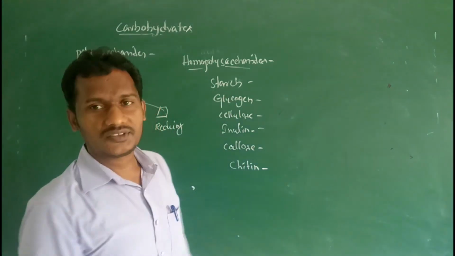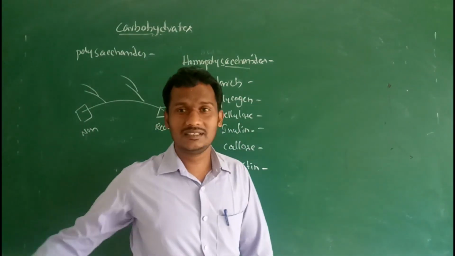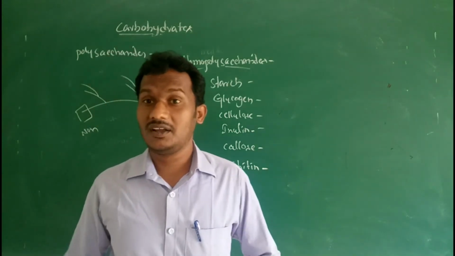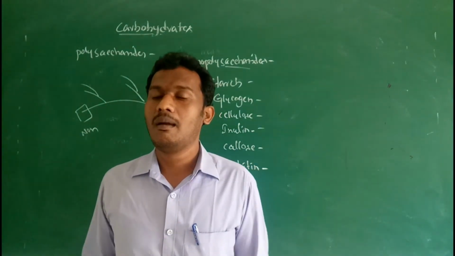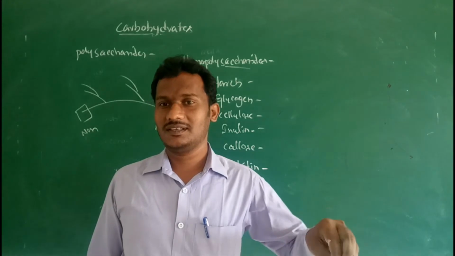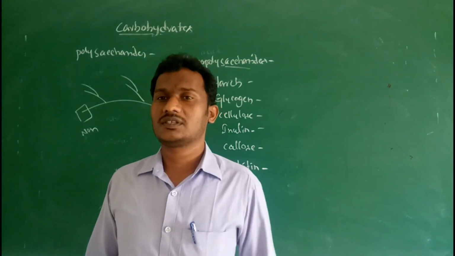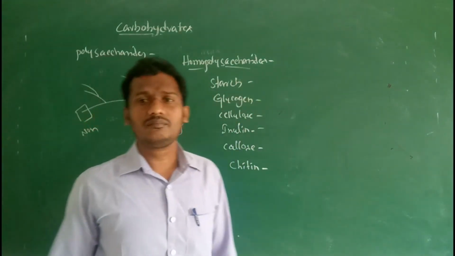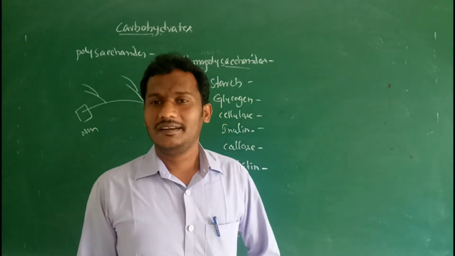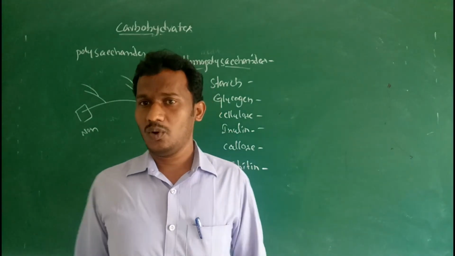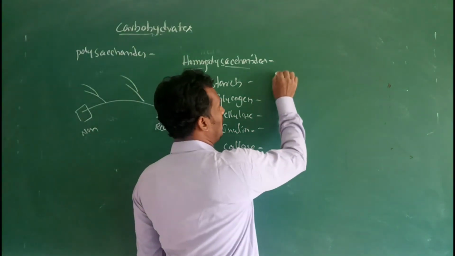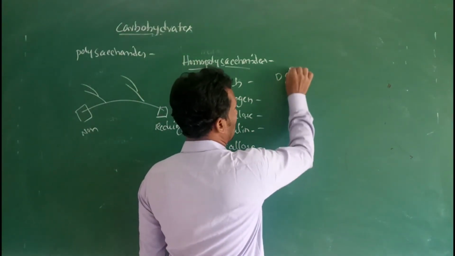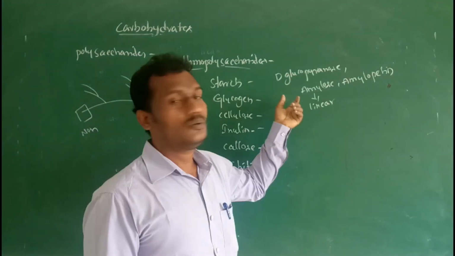First one, starch. Starch is a widely distributed stored material in the plant kingdom. This starch is synthesized through the process of photosynthesis. Starch contains the same type of monosaccharide, glucose.